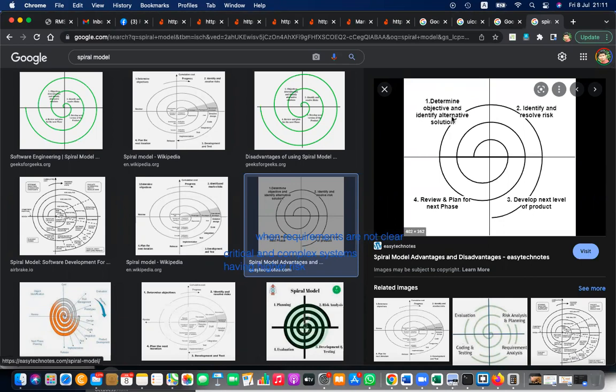You can see determining objectives and alternative solutions. This is where the feasibility study is done, finding the alternatives and selecting the best one, and then identifying the risk is done.